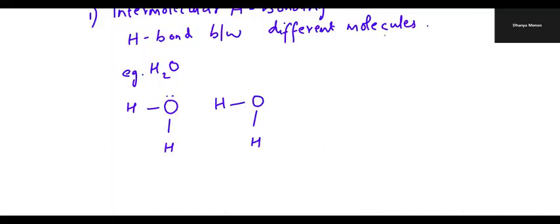So H, O, H. Here this is A, this is H, and this is B. This oxygen has a lone pair of electrons, so there can be a force of attraction between oxygen and hydrogen. These are called hydrogen bonds.